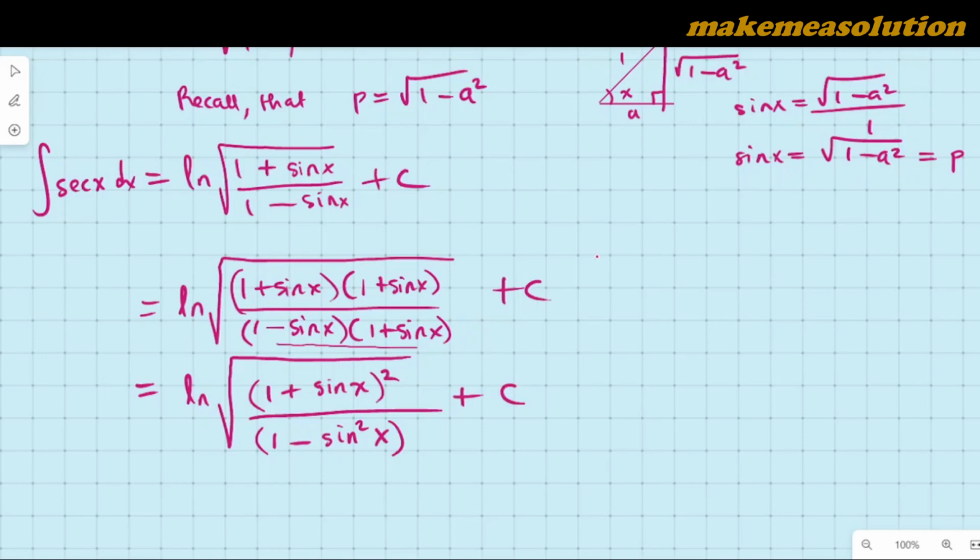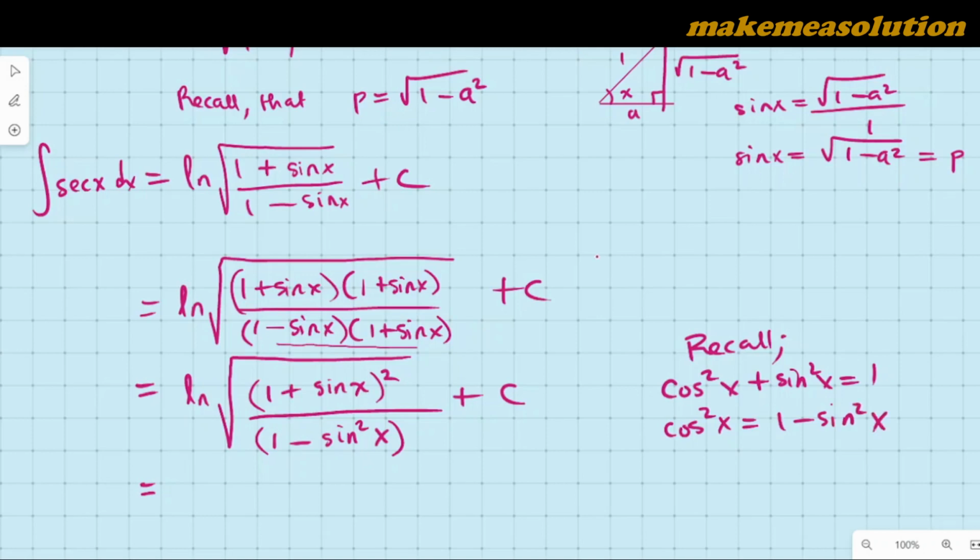Don't forget your integration constant. Okay, so having done this, I want us to recall a very important identity, that cos squared x plus sine squared x is equal to 1. So anywhere we see cos squared x, we can call it 1 minus sine squared x, and anywhere we see 1 minus sine squared x, we can call it cos squared x.